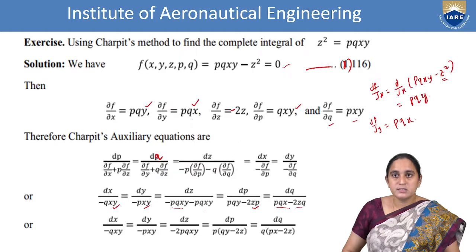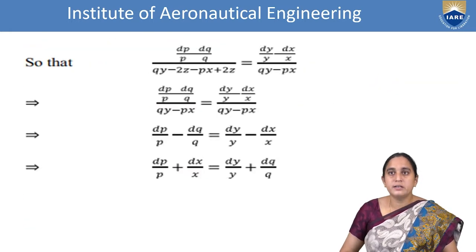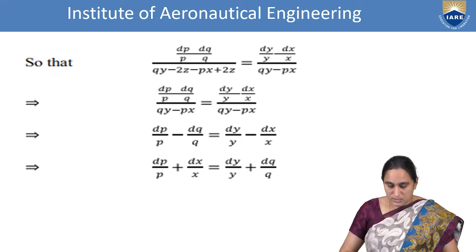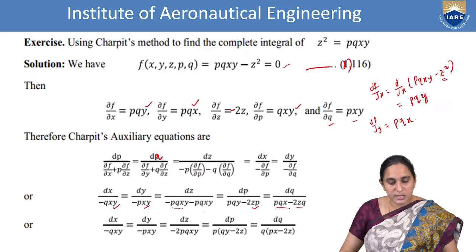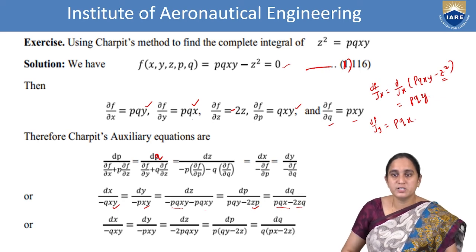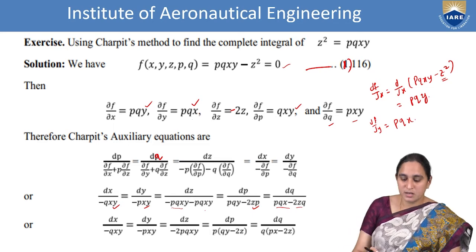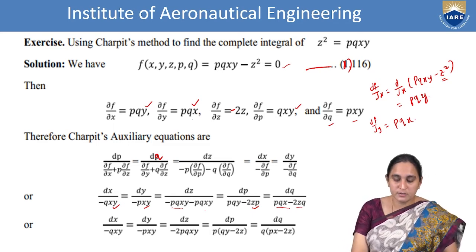Let us take from that auxiliary equation, is there any possibility to take directly from any two terms of the auxiliary equation? If you are taking any two terms of the auxiliary equation, we get either p or q. Here there is no possibility.